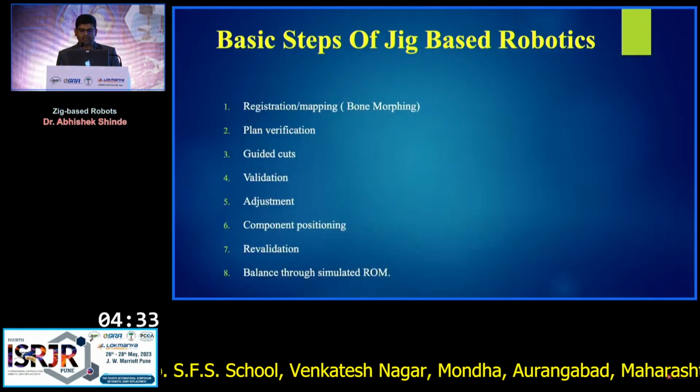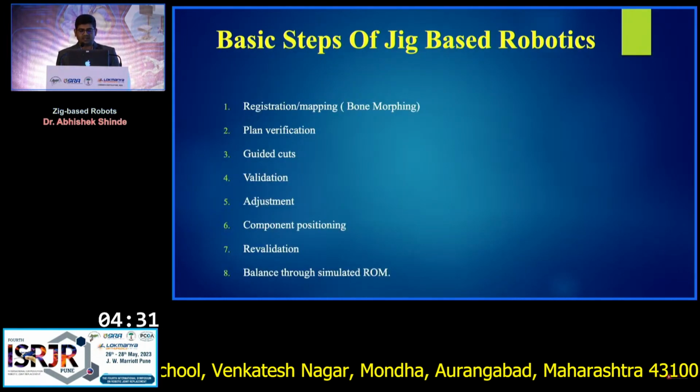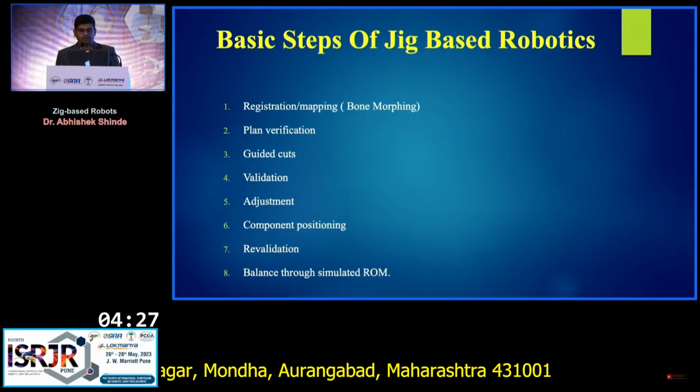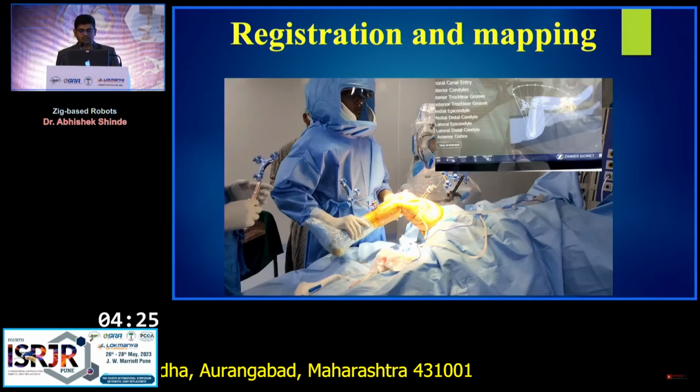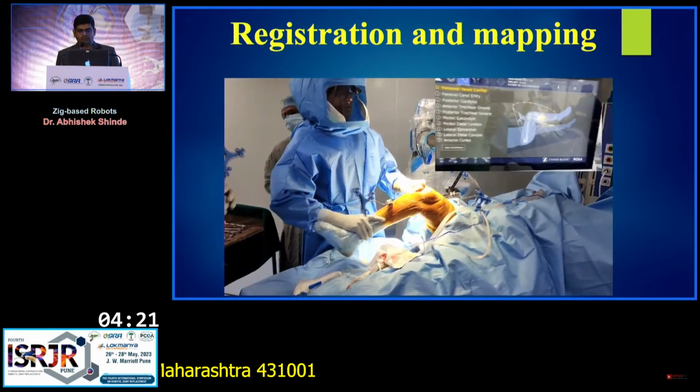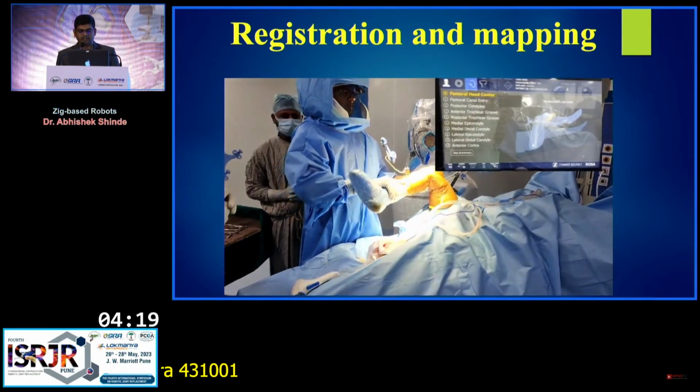of motion automatically. So these are the basic steps of jig-based robotics: registration, bone mapping, plan verification, guided cuts. Now just a video demonstration of all the points covered yesterday.